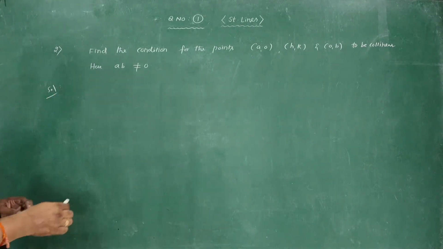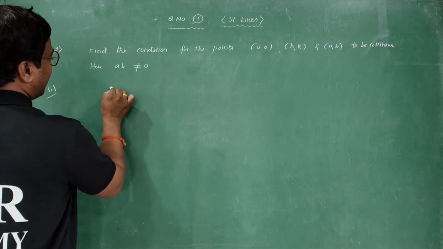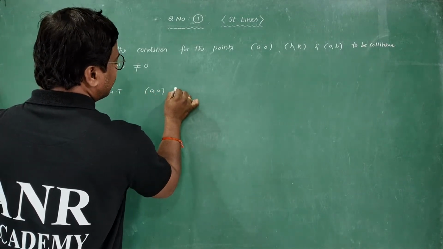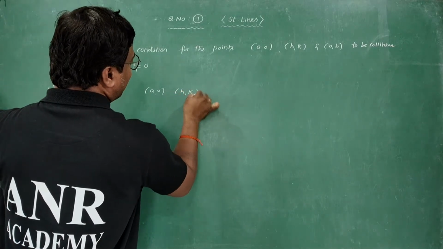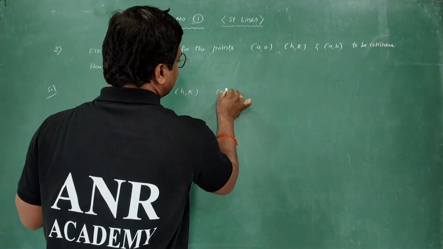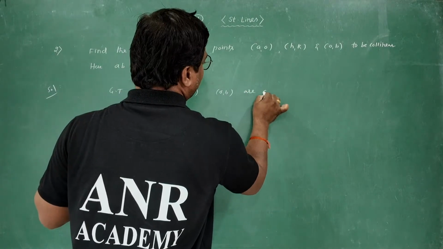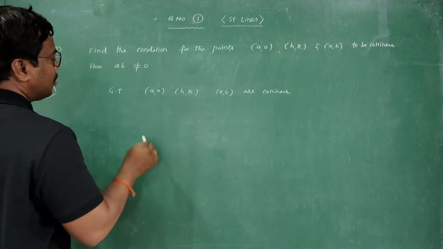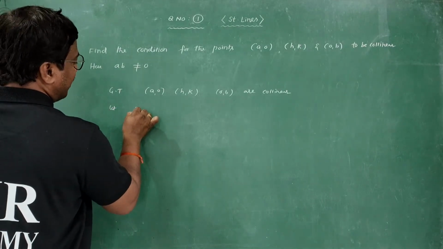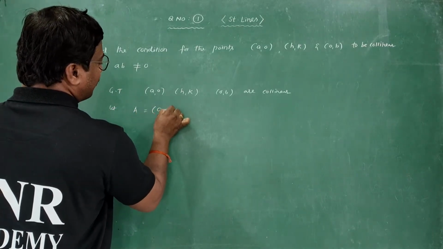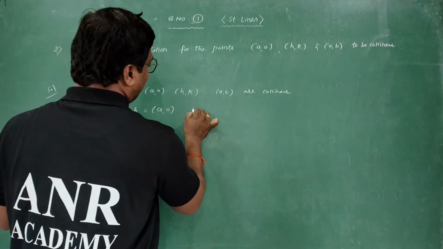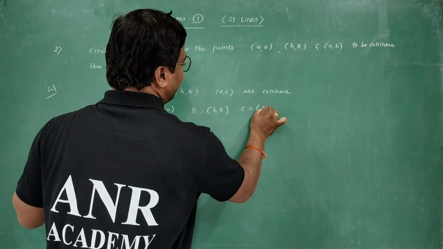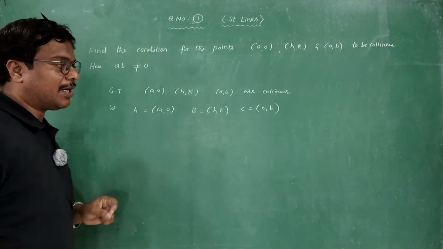See the solution. First I am going to write the given condition: given that (a, 0), (h, k) and (0, b) are collinear, right? Assume that the first point is A (a, 0), the second point B (h, k), the third point C (0, b), right?